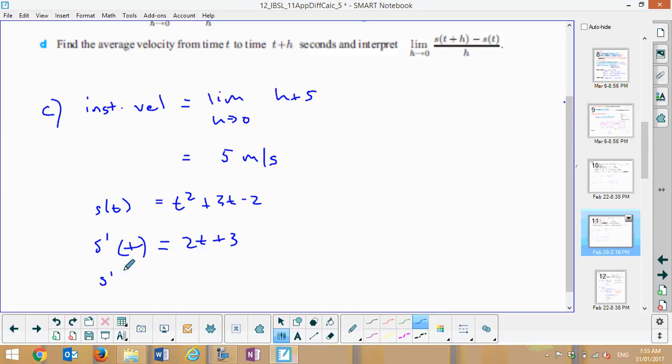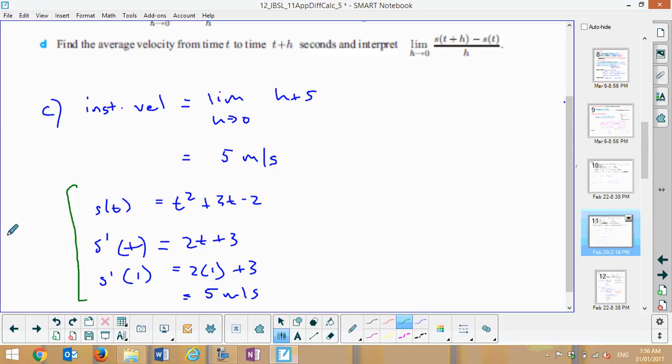At time equal to 1, we have 2 times 1 plus 3, which is 5 meters per second. The question doesn't ask that, but that's basically what we would be doing, because you won't be doing it all from first principles.